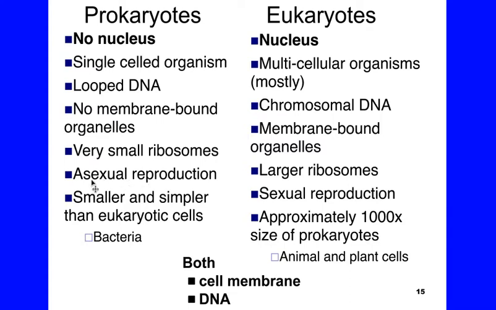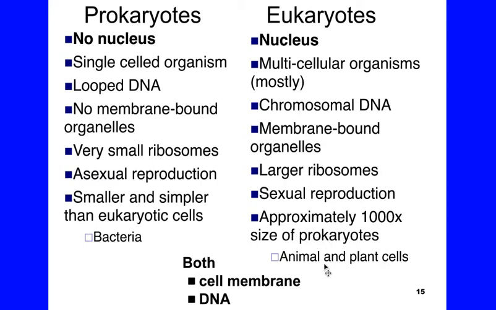Most prokaryotes reproduce by asexual reproduction, where there is only one parent. Eukaryotes reproduce by sexual reproduction, so there will be two parents involved. Prokaryotes are usually a lot smaller than eukaryotes. Some examples of prokaryotes are bacteria, things like staph and strep.